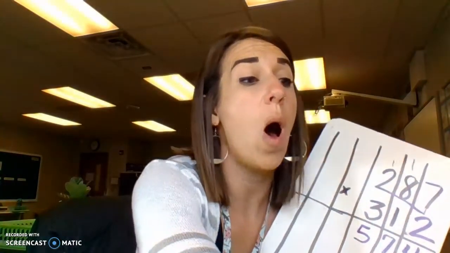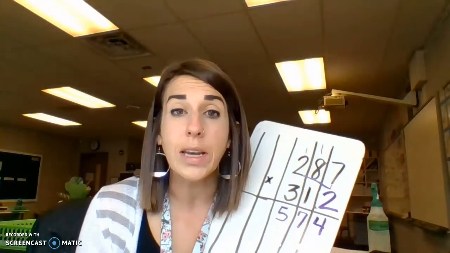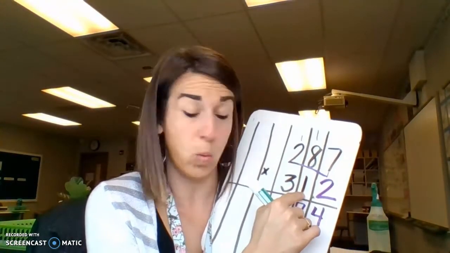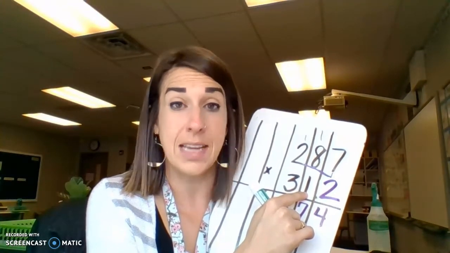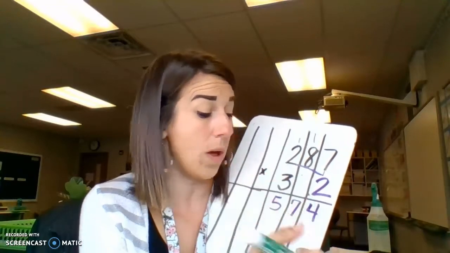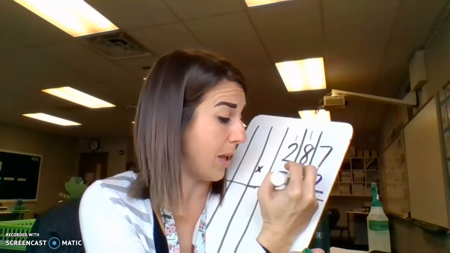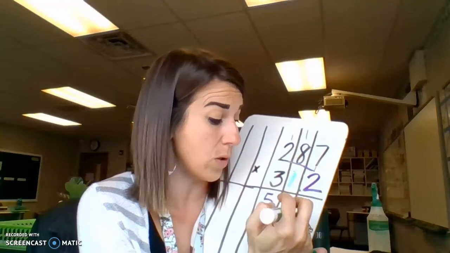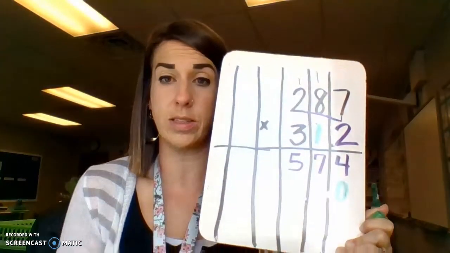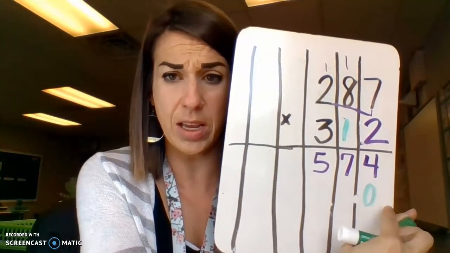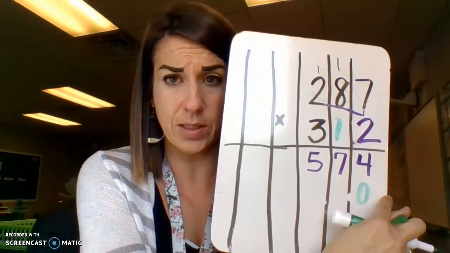Now, I've already multiplied by 1 digit. And remember, this 1 is actually not a 1 in value. It is a 10 in value. So that 1 is going to be a 10 in value, and so I need to put a 0 placeholder in my ones column. You can see right here, I put my 0 placeholder.